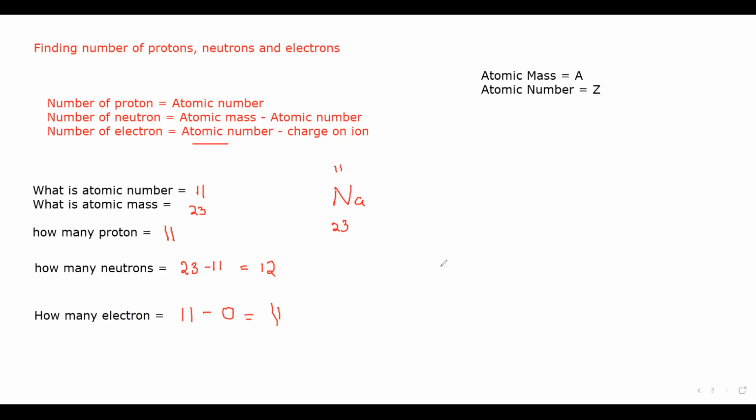So this sodium contains 11 protons, 12 neutrons, and 11 electrons. Is it clear how we can work out the number of neutrons, protons and electrons by using atomic mass and atomic number? Is it clear to everyone? I'll give more examples.